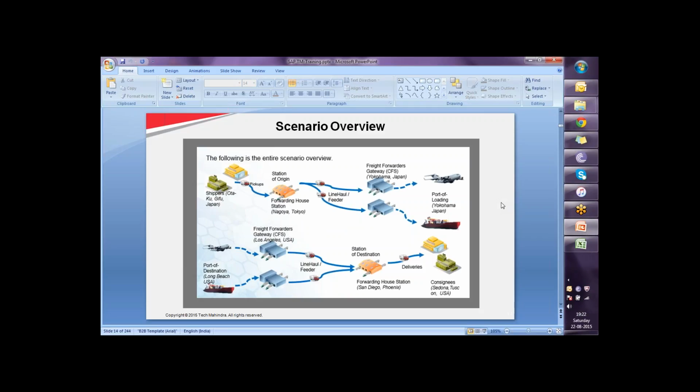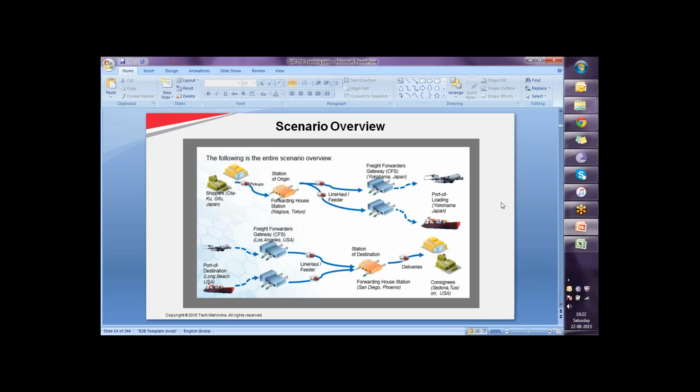So this is a standard scenario. There's one shipper somewhere in Japan, and there's a warehouse. At that warehouse, production happens, and quantities get loaded onto the truck, a lorry or something like that.